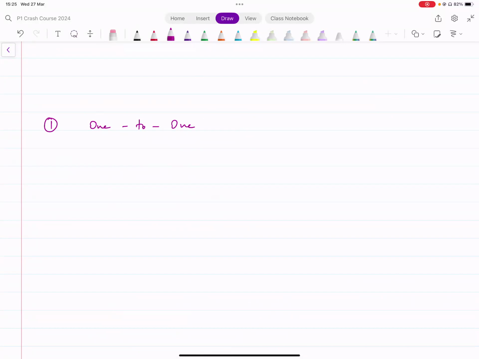Then we have many-to-one relations. Then we have one-to-many relations. And then finally, you have many-to-many relations. These are the 4 different types of relations that we have talked about.